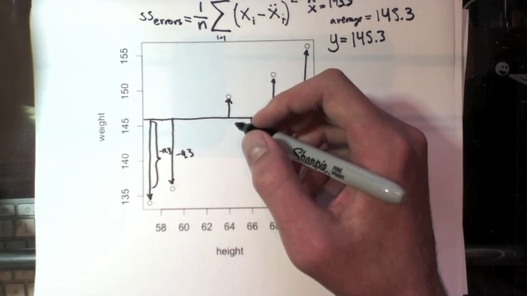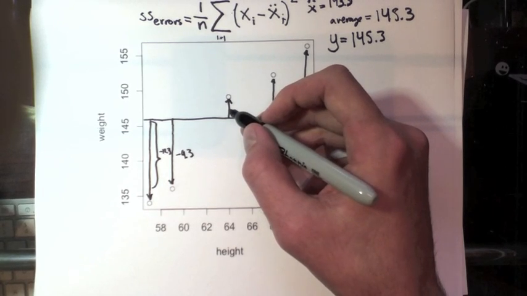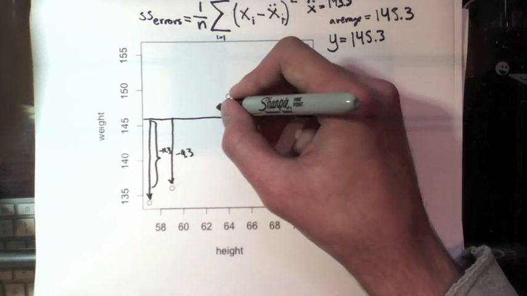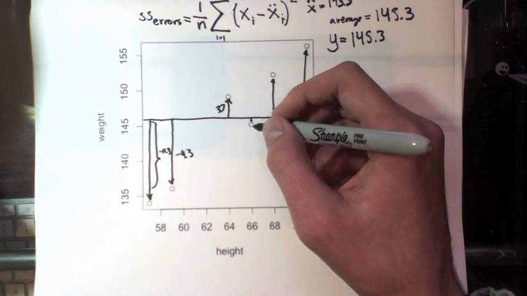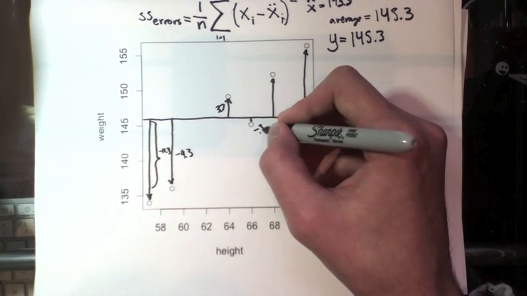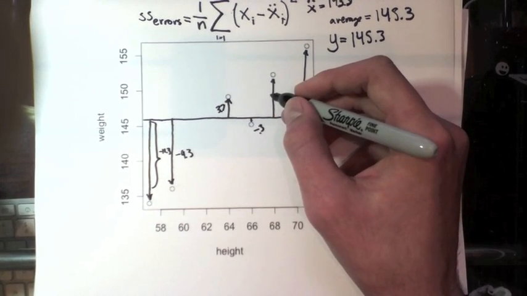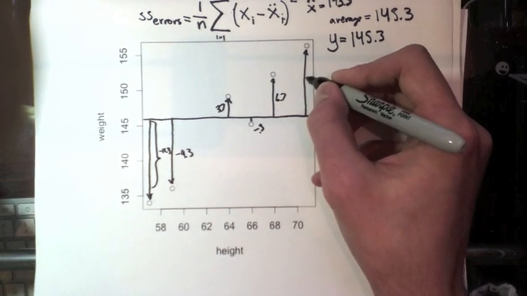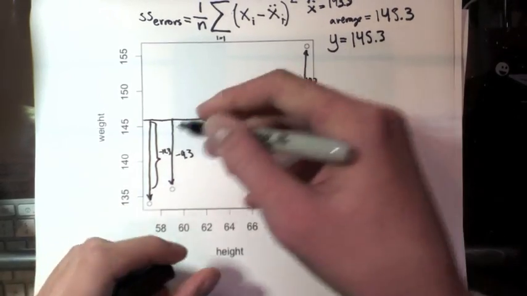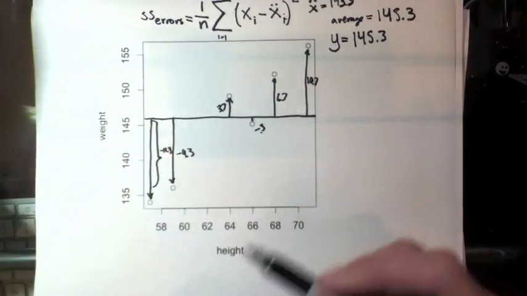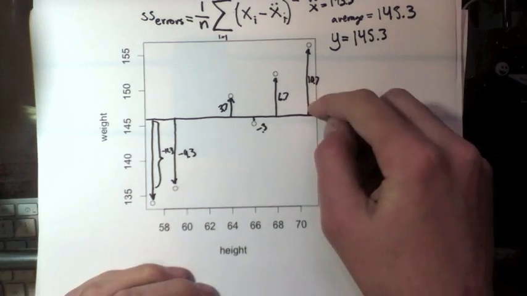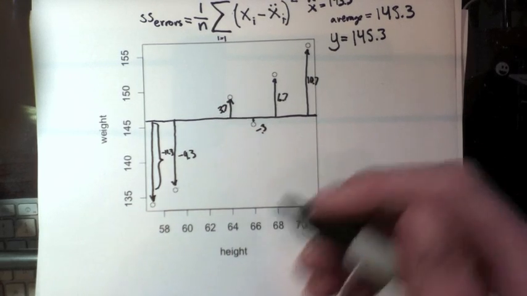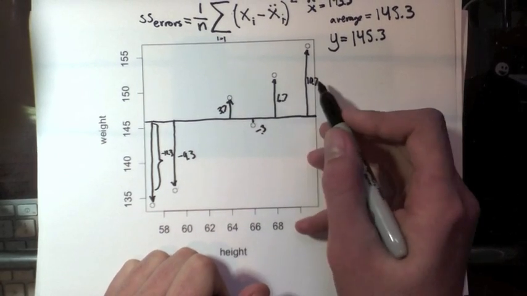And then we have negative 3.7, and then we have negative 0.3, followed by 6.7 and 10.7. So these are the lengths, if we were to actually count off tick marks on the y-axis for weight, these are the distances from our prediction. Negative 11.3, negative 9.3, negative 3, or positive 3.7, negative 0.3, 6.7, and 10.7.